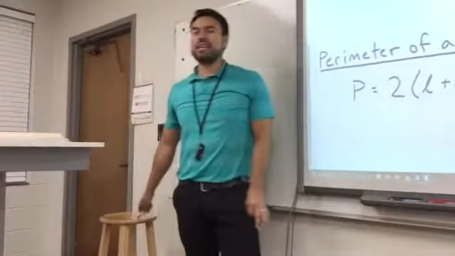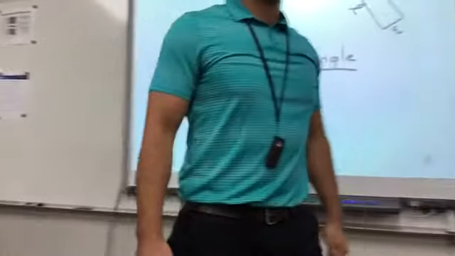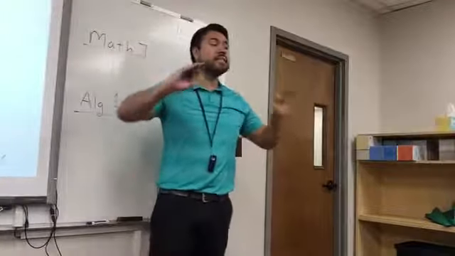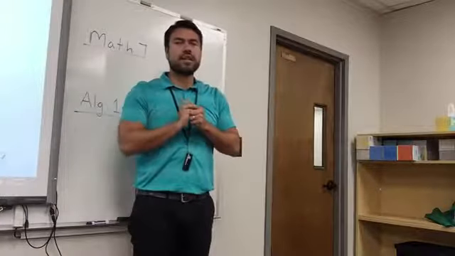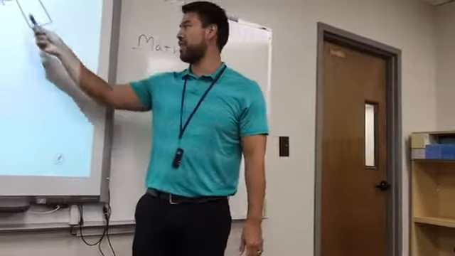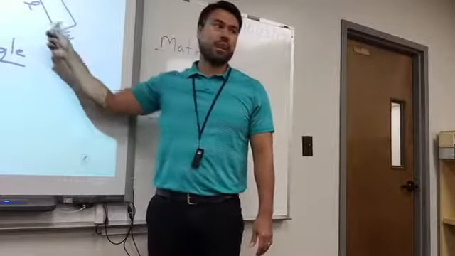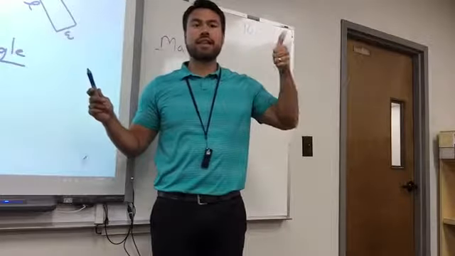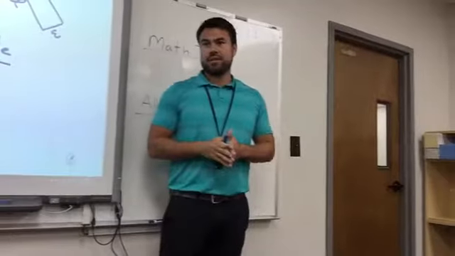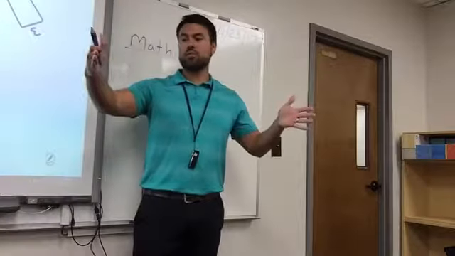You may start thinking of a question, Mr. A, how do you know which one's the length and how do you know which one's the width? There is no exact way of doing it. In fact, you know what I could have done here? Could have switched them around. But what do we normally think of length and width? What's the difference between length and width? Length is the really long one. Length is typically the longer one. Width is the shorter one.